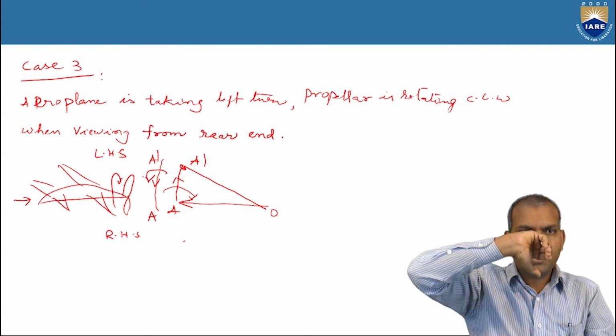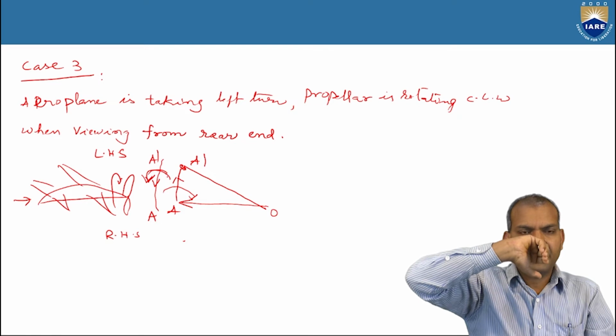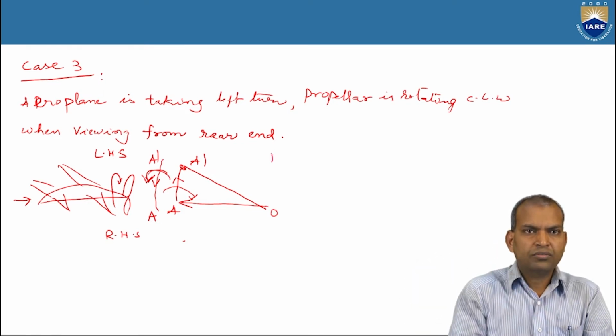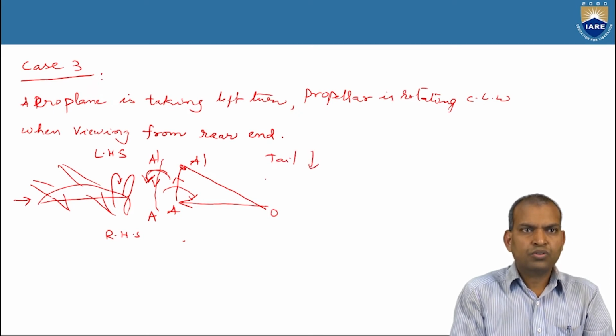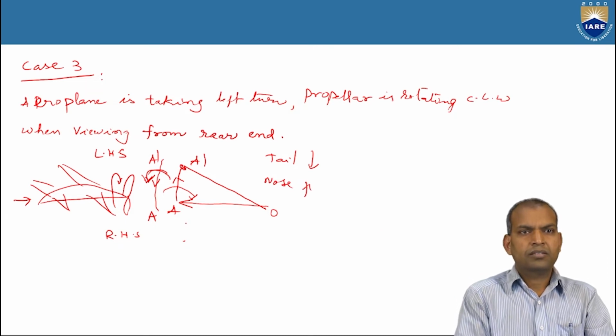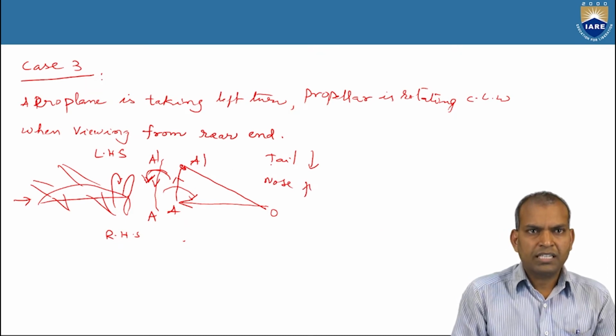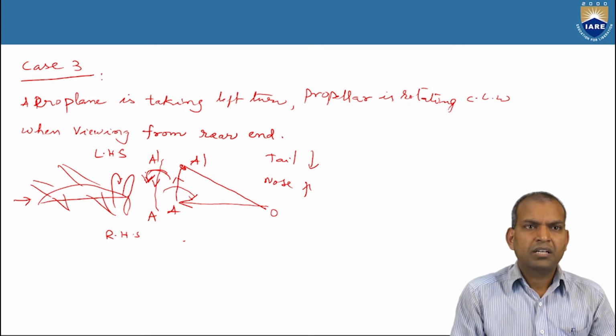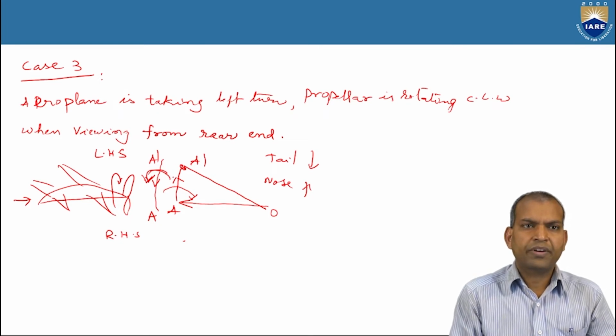Now, in the reactive gyroscopic effect, what is happening? Tail goes down and nose rises up. So that is the effect of the reactive gyroscopic effect on the plane.